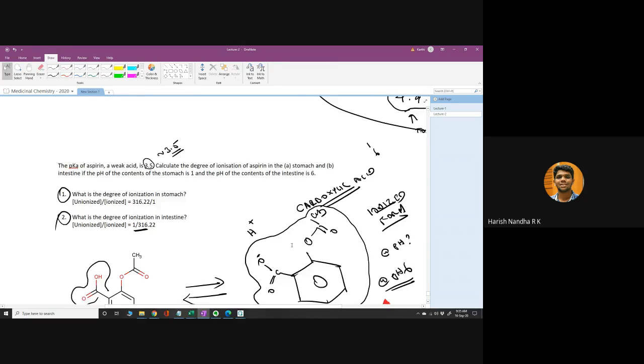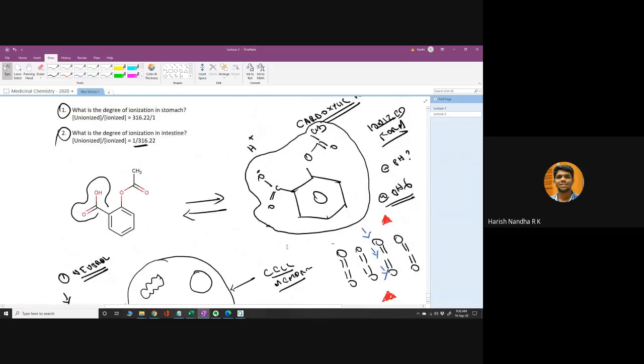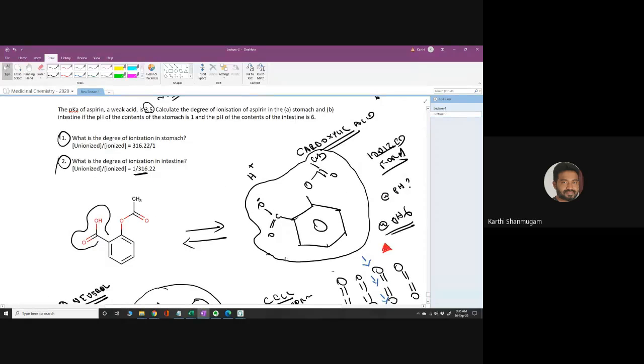Sir, it can easily be absorbed in the stomach, I guess, because it's more in its unionized form in the stomach. Absolutely right, because more molecules will be in their unionized form in the stomach.